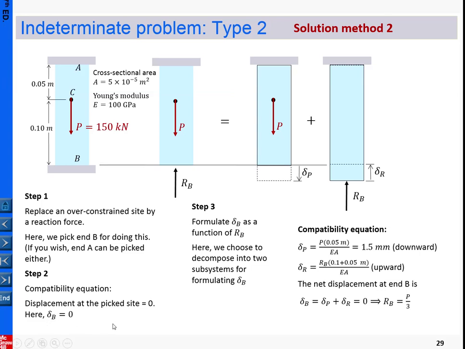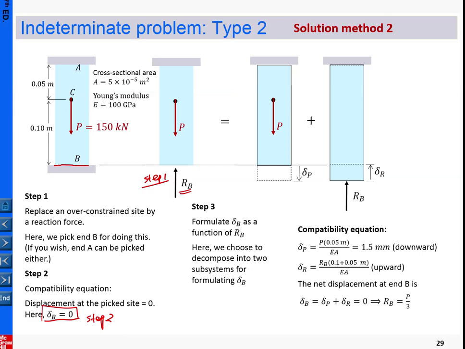Okay, so here are two steps. Step one is to replace the constraint by a reaction. Step two is to recognize that because of this constraint, this end doesn't move, so we set the displacement equal to 0. Two steps. So this is the essence of this method.